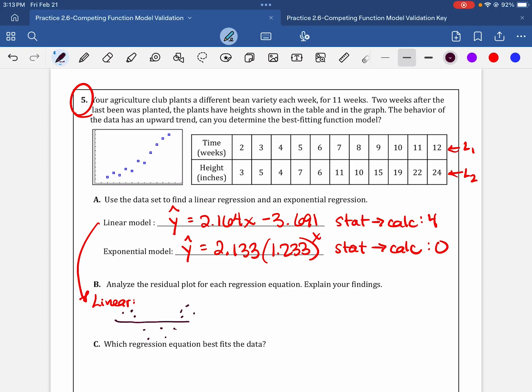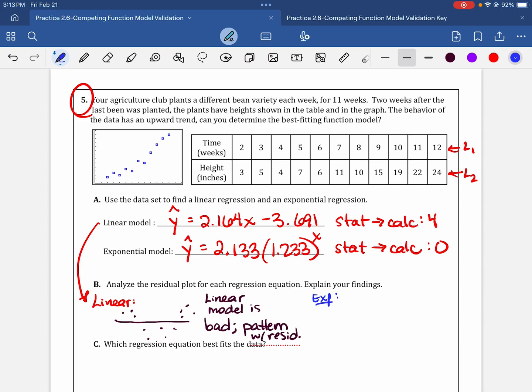It was increasing on both ends. So I said that a linear model is, I'm just going to use the word bad because it shows a pattern. Pattern with the residuals.